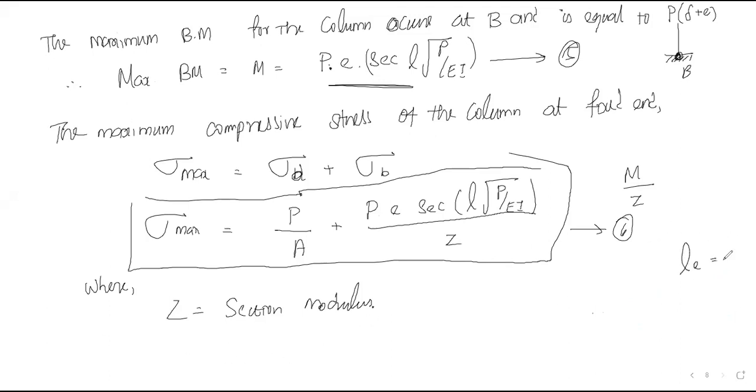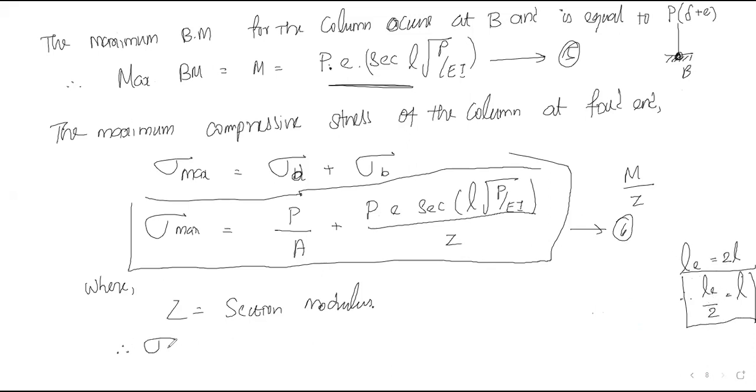So LE is equal to 2 times L when one end is fixed and the other end is free. Therefore L becomes LE by 2. Likewise, based on the end condition, it is going to change. So now I substitute this LE by 2 in this equation.